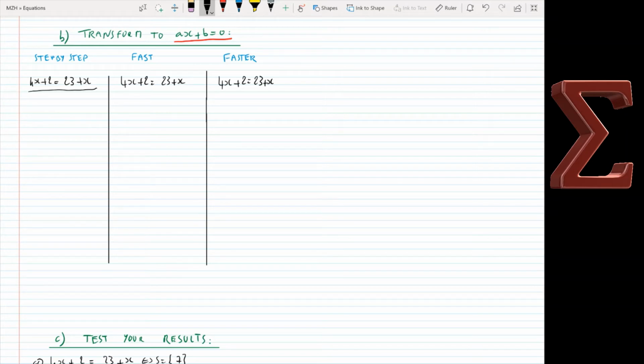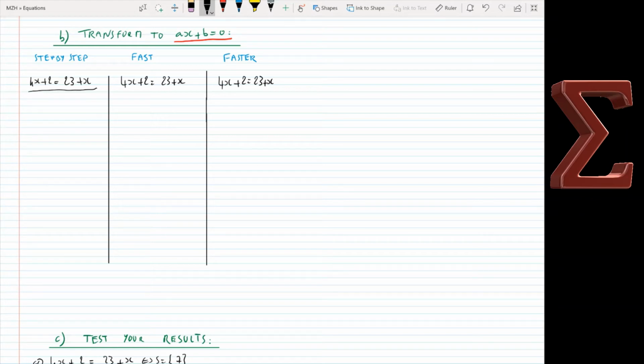We've learned how to solve an equation written as ax plus b equals 0, but here we need to transform this equation to that form. All right? And this is where maintaining equality is important. When going through the math to transform it to ax plus b equals 0, we need to do some operations on the equation, and it is very important to maintain equality. Otherwise, we will be solving a different equation, not the one we started with.